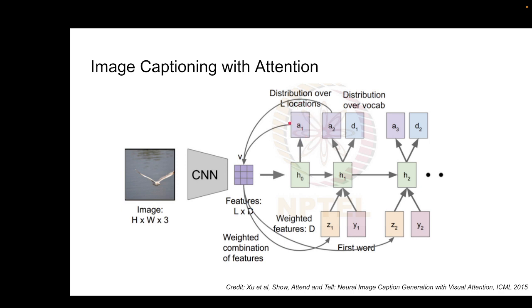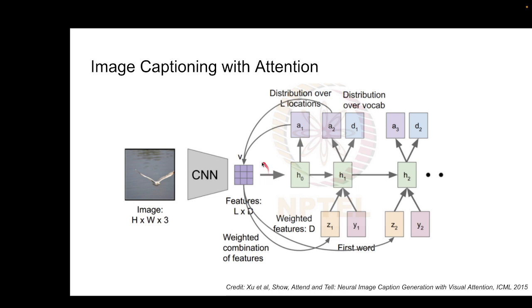What is A1's task? A1 is a set of weights. A1 is nothing but a probability distribution, where each probability value gives you how much weight you want to give individually to these vectors.